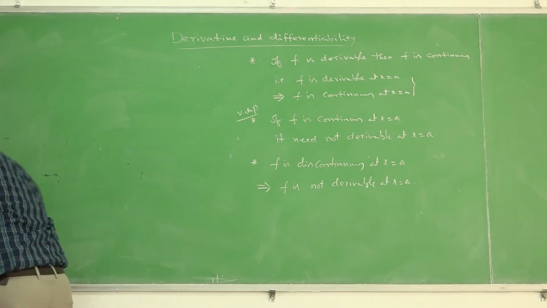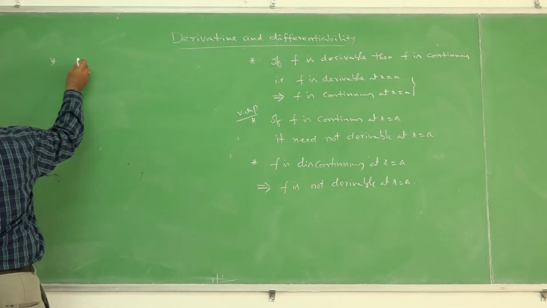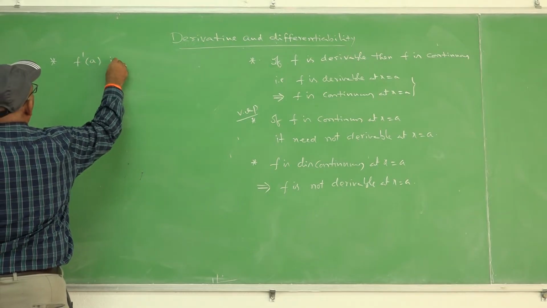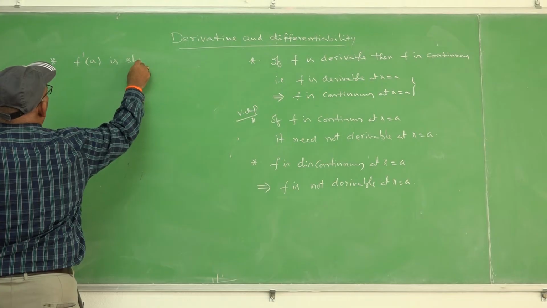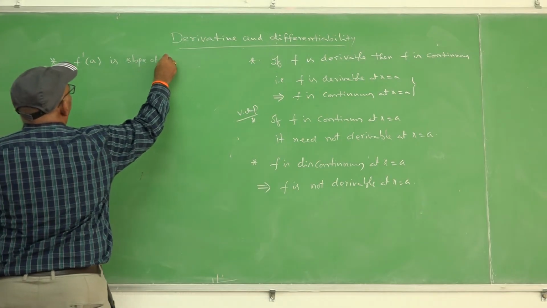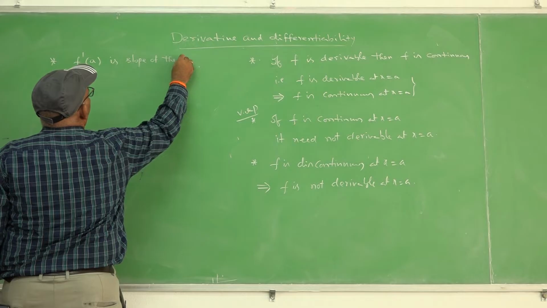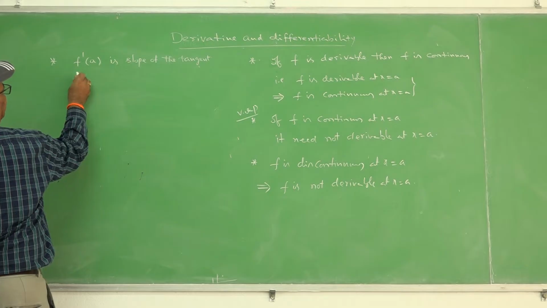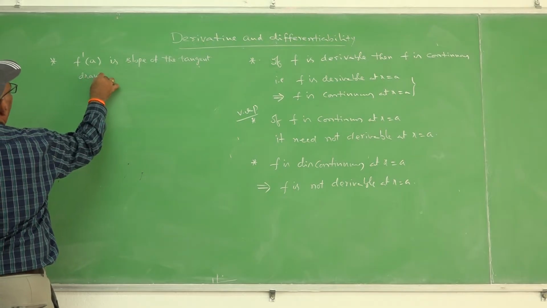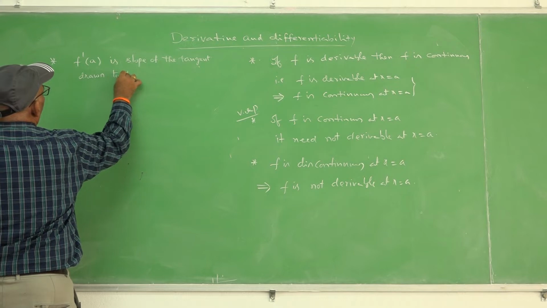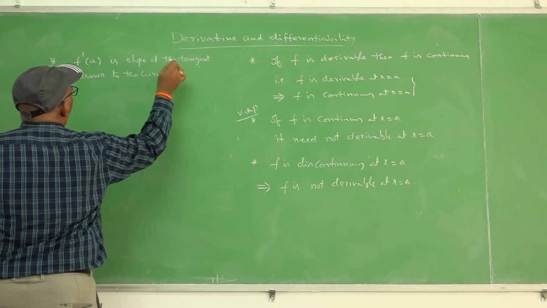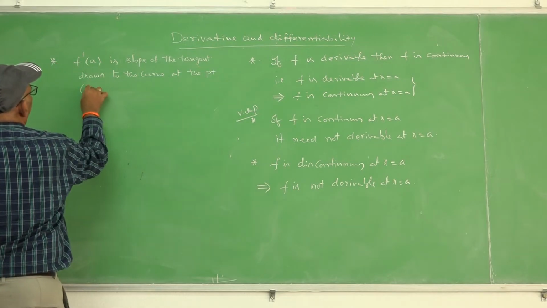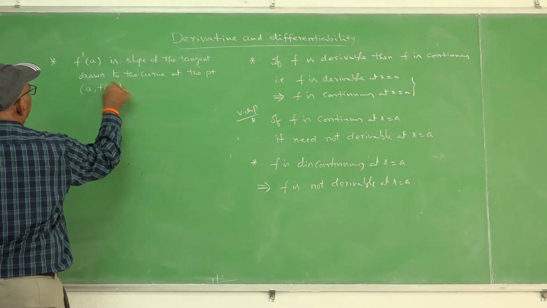Next point. F dash a is the slope of the tangent drawn to the curve at the point a comma f of a.